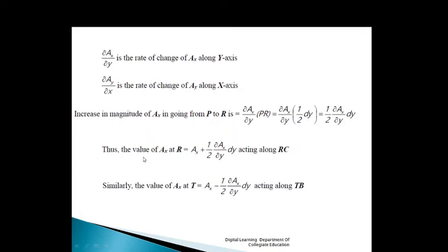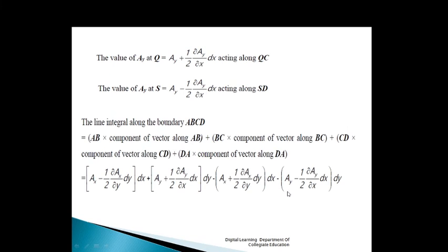Thus the value of Ax is equal to Ax plus half of ∂Ax/∂y into dy, acting along RC. Similarly, the value of Ax at T is equal to Ax minus half of ∂Ax/∂y dy, acting along TB.